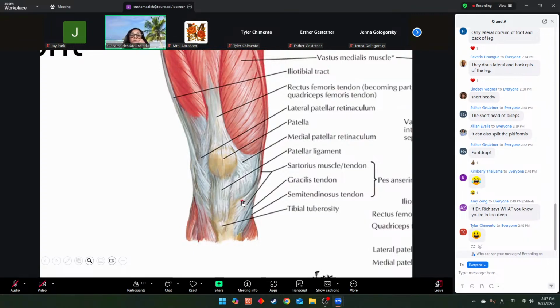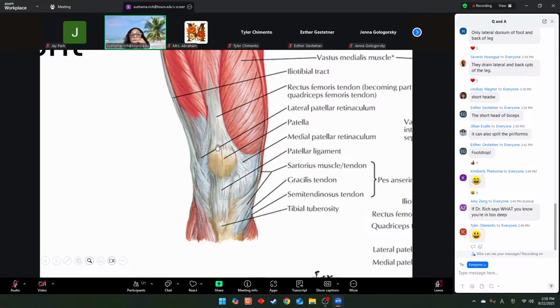One is from the anterior compartment, one from the medial compartment, one from the posterior compartment of the thigh. Three muscles from three compartments all come down here and attach to the medial aspect of the tibia. These three muscles look like a goose's foot, so they're called the pes anserine tendons. There's a gigantic bursa that sits underneath that can get inflamed.